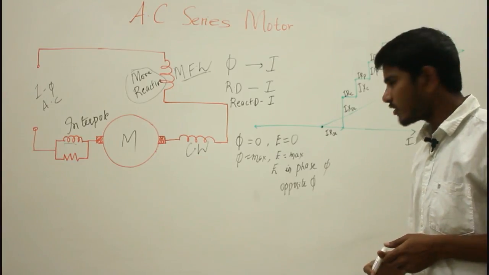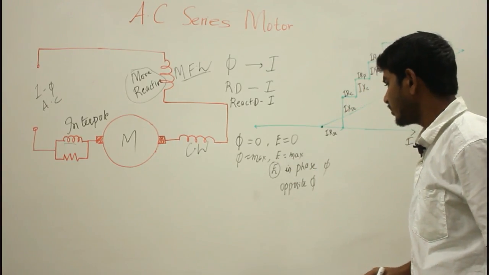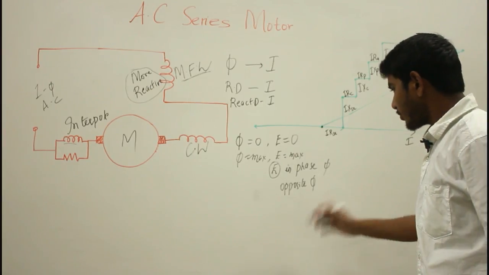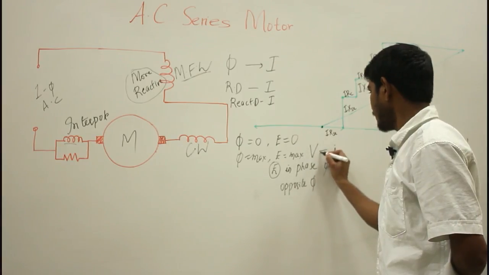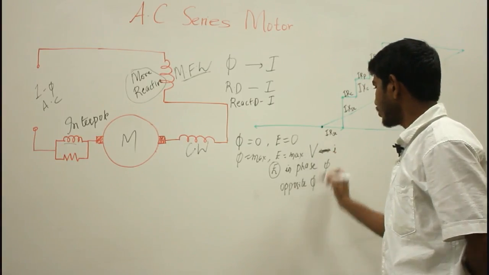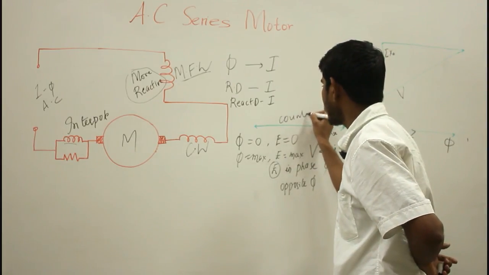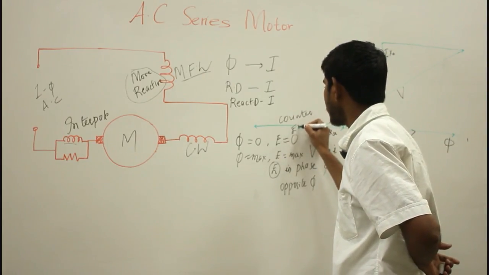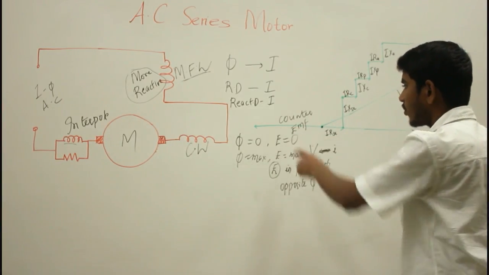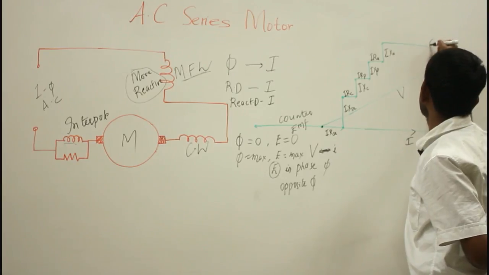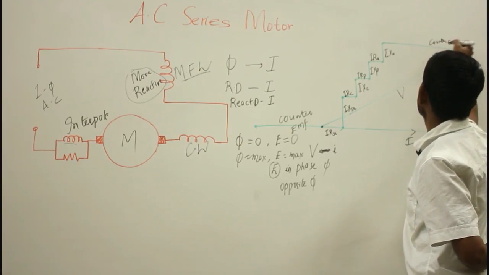But in case of a motor, the generated EMF or the generated voltage will always be in opposition to the current I. That means you have your counter EMF in phase opposition to the current I. So here this is your counter EMF, and here this will be your counter EMF which got reversed.